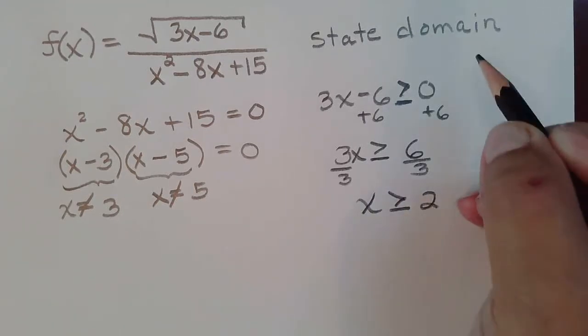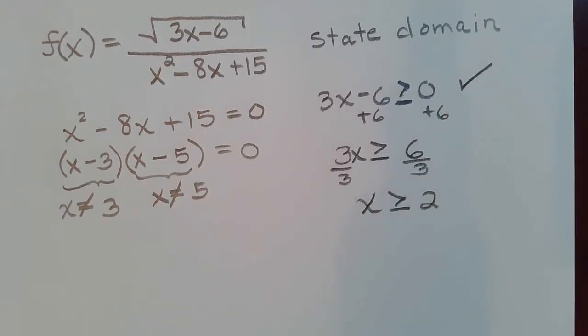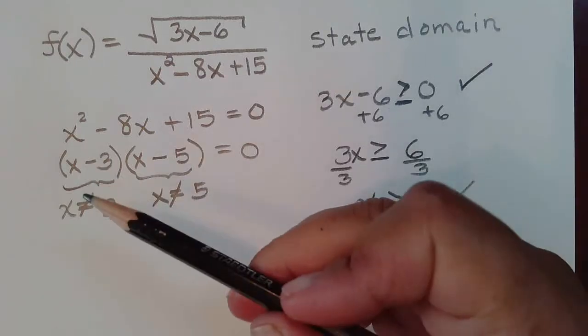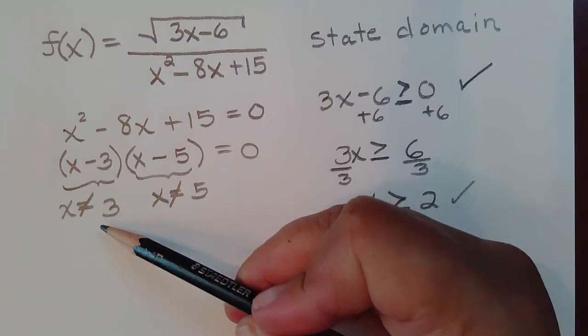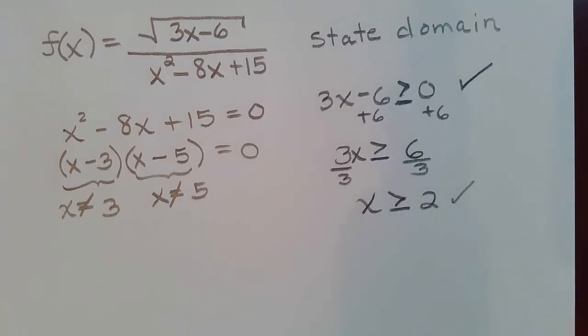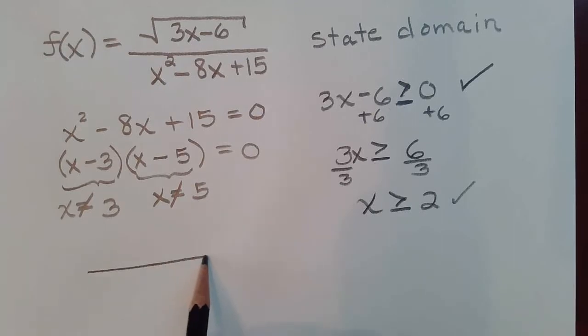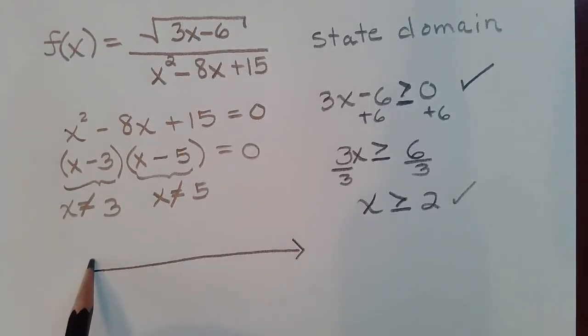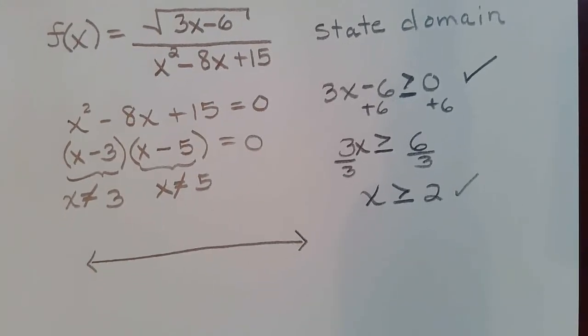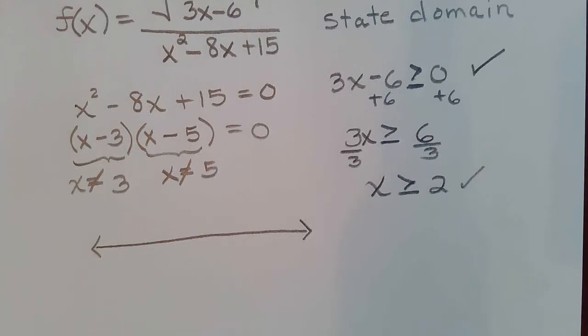So in order to protect the radical, we need to do this, and the values that achieve that are anything greater than or equal to 2. We also found out that 3 and 5 are not values that we're allowed to use. Let's dump all of this information on a number line so that we can properly state the domain.